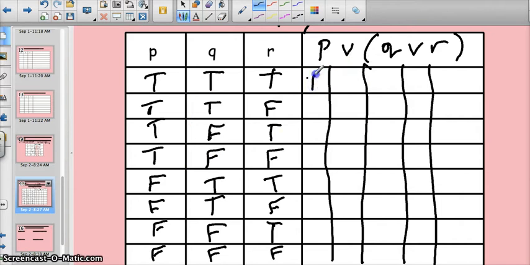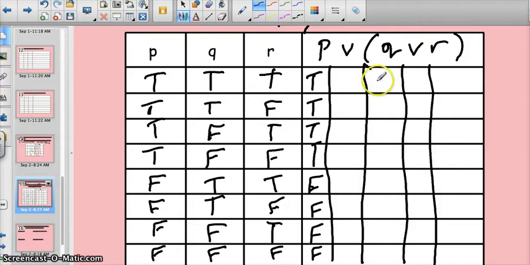P was true, true, true, true, false, false, false, false. 4 trues, 4 falses.